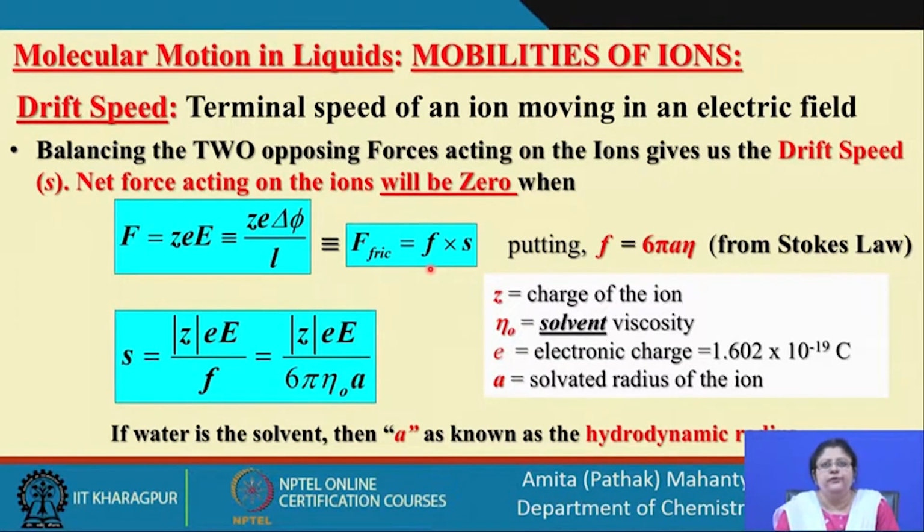The two opposing forces are, one, the force generated due to the presence of the electric field, and the other, the viscous drag. So, this is the frictional factor into S, and this is nothing but Ze into the total field E. Okay. If these are equated, then the speed with which they are eventually going to move, known as the drift speed, is nothing but ZeE by F, the frictional factor.